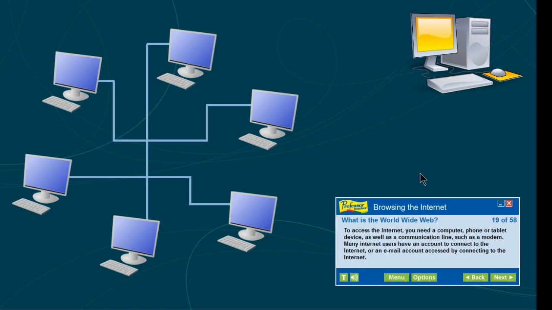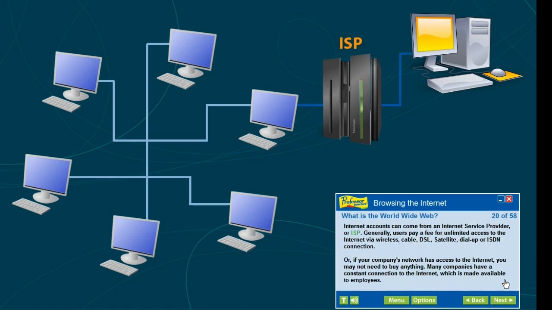To access the Internet, you need a computer, phone, or tablet device, as well as a communication line, such as a modem. Many Internet users have an account to connect to the Internet, or an email account accessed by connecting to the Internet. Internet accounts can come from an Internet service provider or ISP.